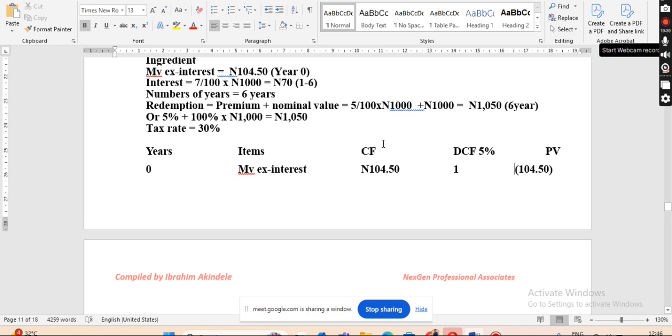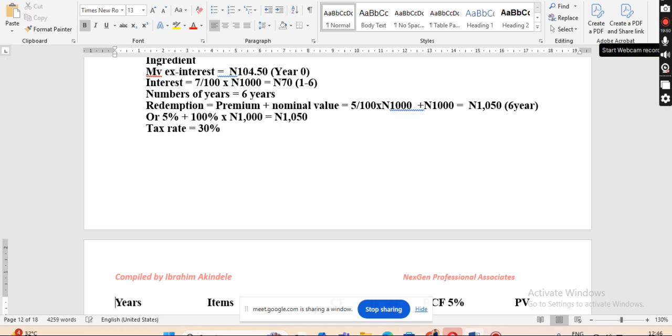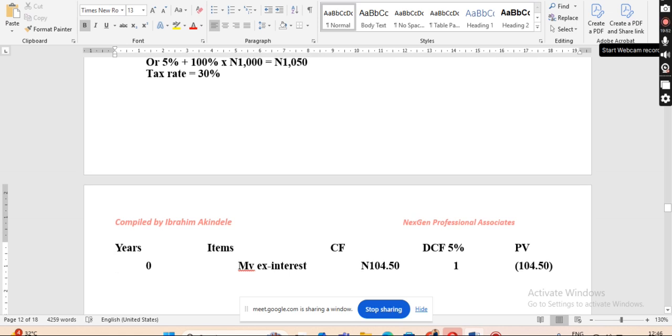Your interest: of course, you will pay interest for how many years, class? For 6 years, from year 1 to 6.